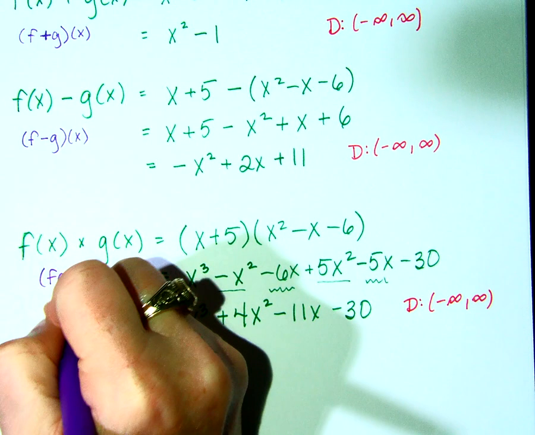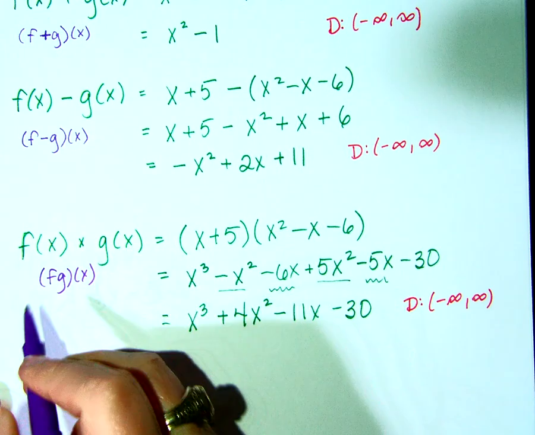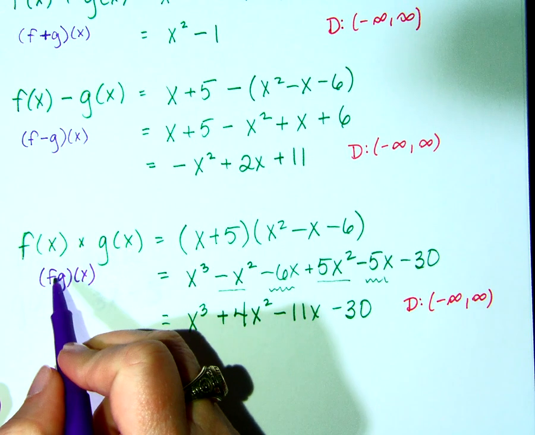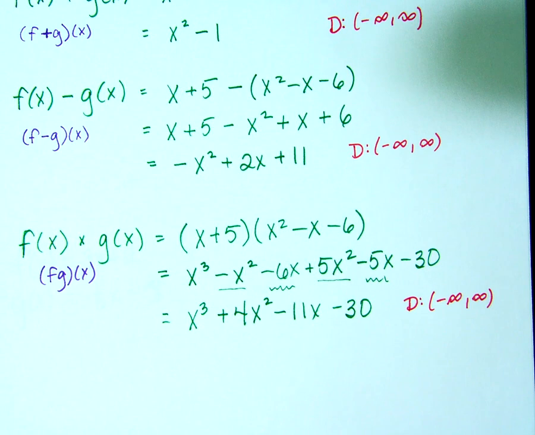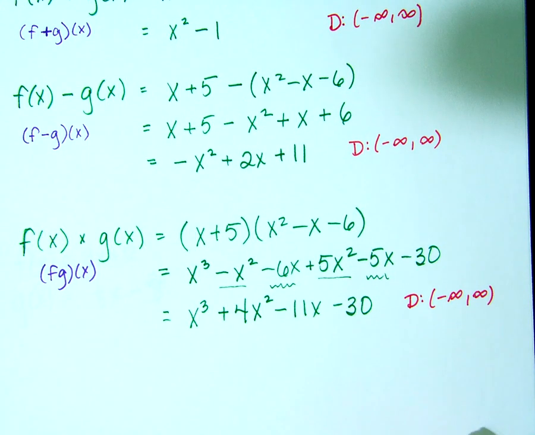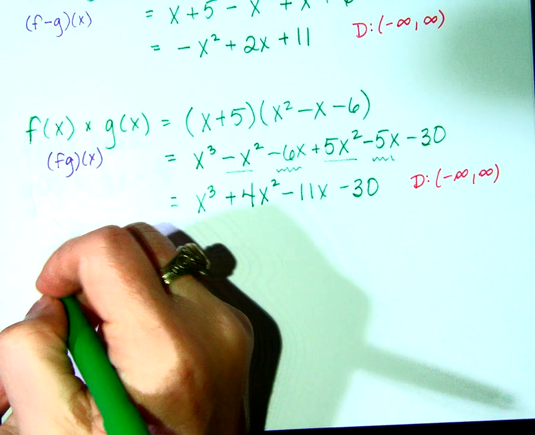F g of x. Yeah, there could be like a times in between, like an x or a times, or it could just be f g of x. Okay? Questions? Feeling comfortable? Confident? Excellent. What's left?